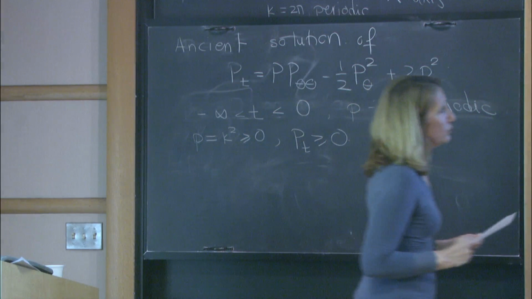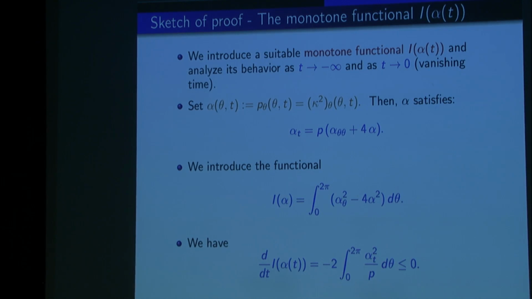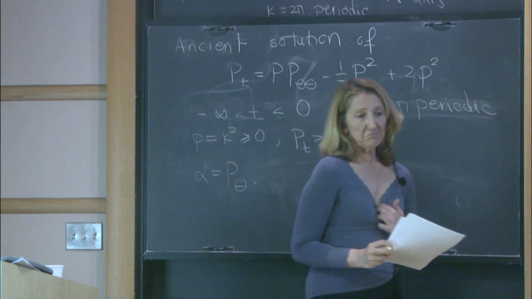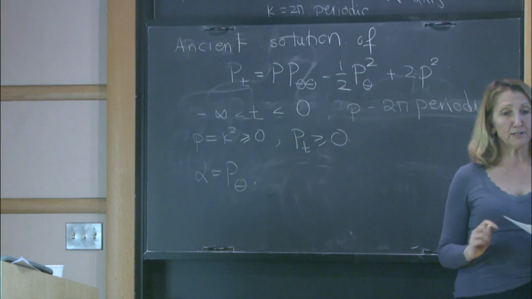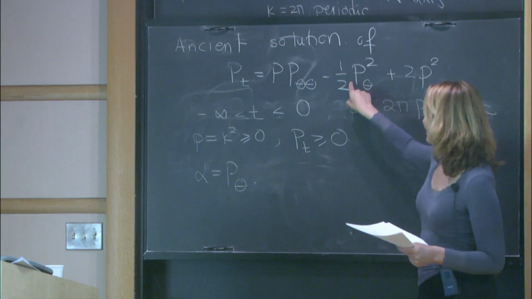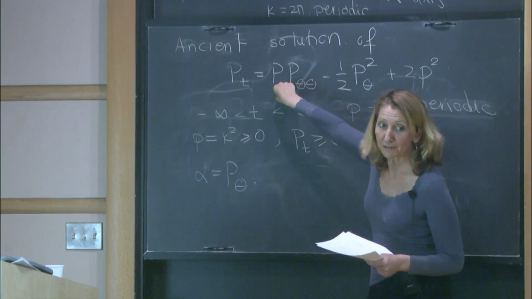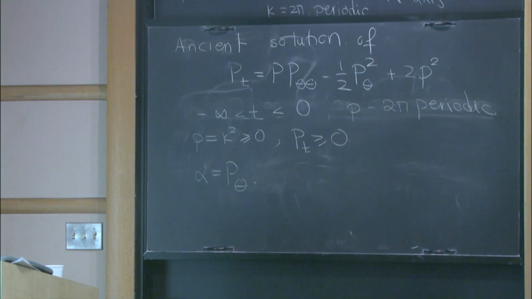So you introduce alpha, which is P sub theta, and you differentiate through this equation, and it turns out there is some cancellation between this term and when you throw the derivative here. So the equation for alpha is even much simpler.